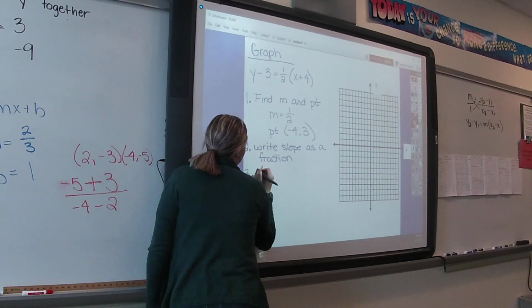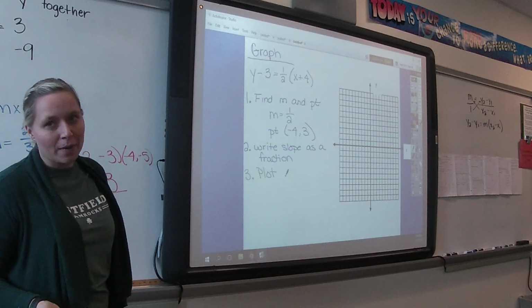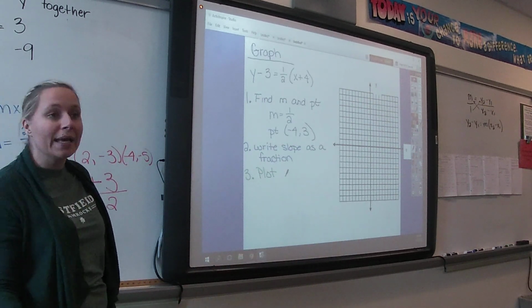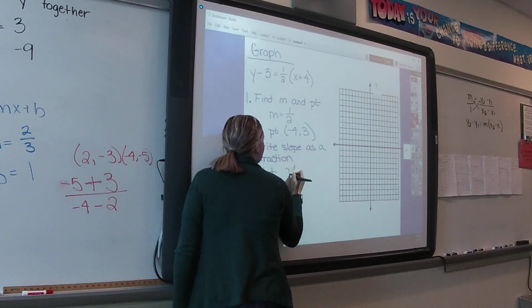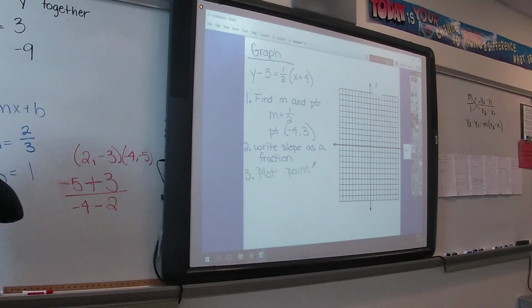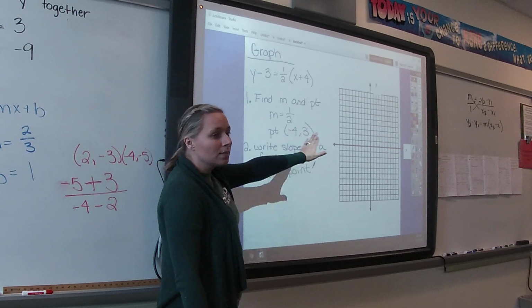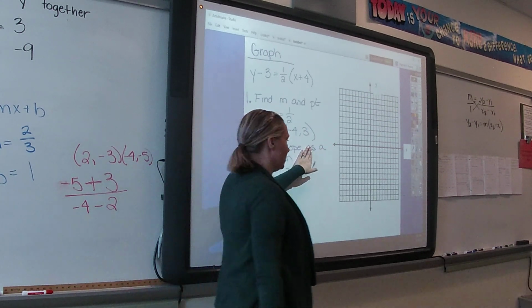Step 3. Very similar to slope-intercept form, except now instead of plotting a y-intercept, we are going to be plotting a point. So we are going to plot the ordered pair -4, 3.